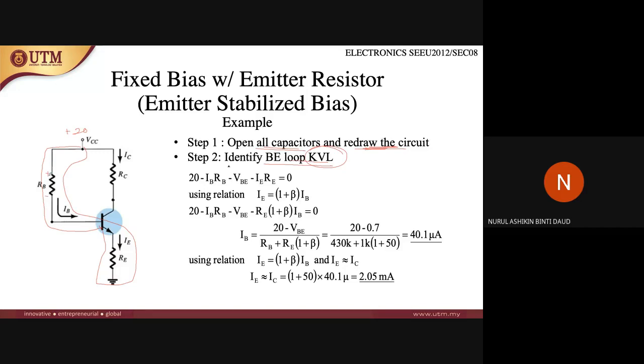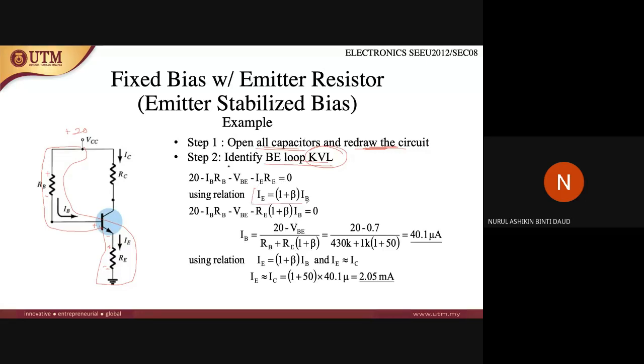These signs will help you in your exam, so don't forget to mark the positive and negative polarity. So 20, the current comes out at negative, so minus IBRB, minus VBE, because it's negative here, and then minus IERE.